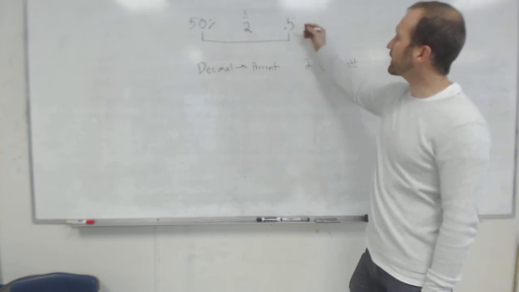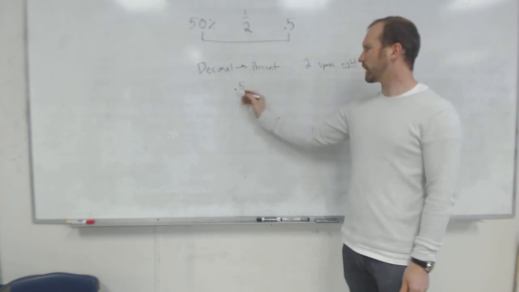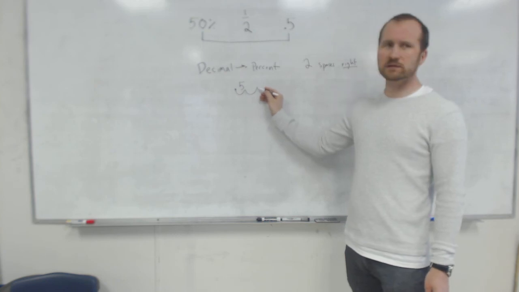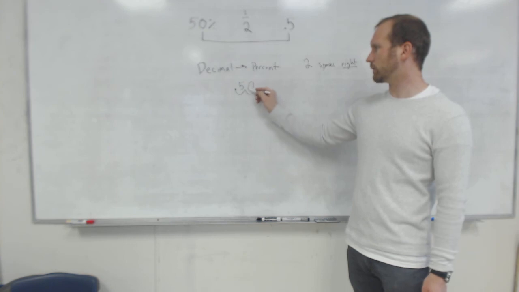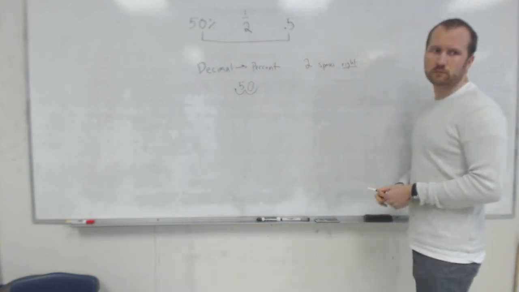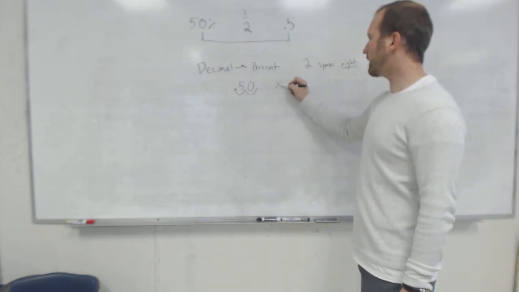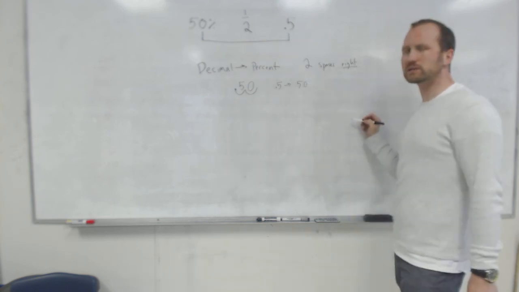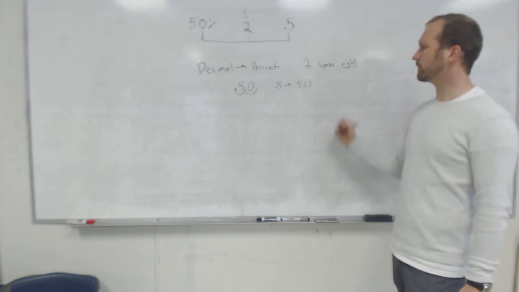So if I've got 0.5, here's my decimal. I move it 1, 2 spaces right. And what do I put in this extra space? A 0. So 0.5 becomes 50. And then what do I have to do? It's not just 50. I have to add that little percent symbol.